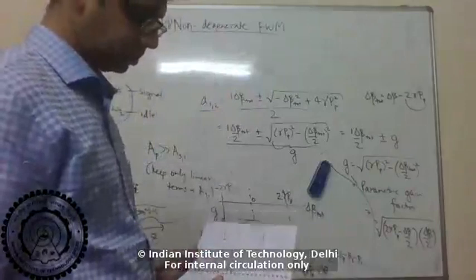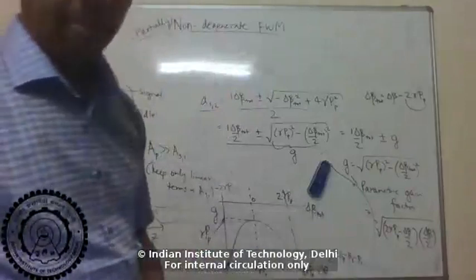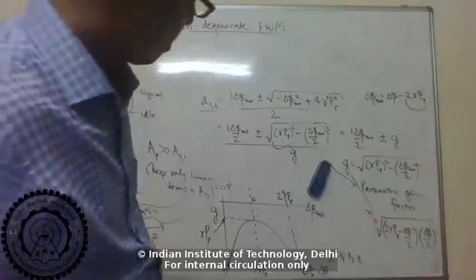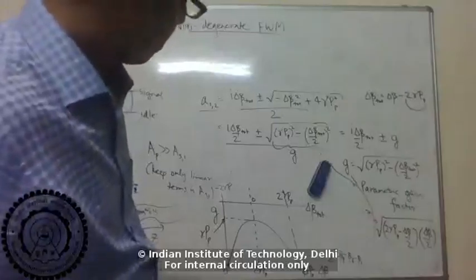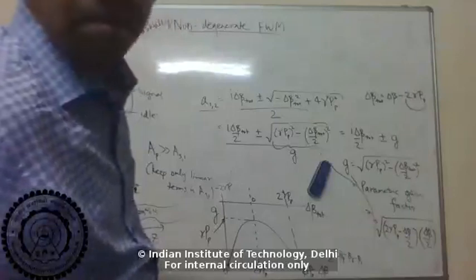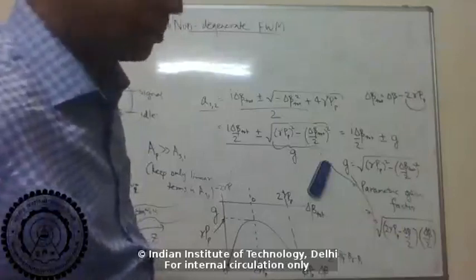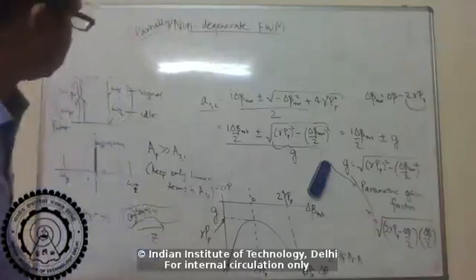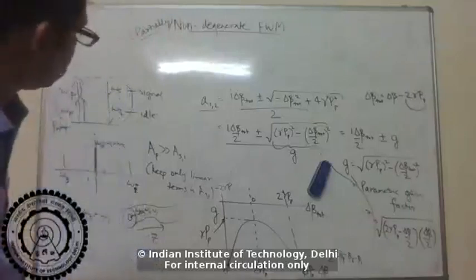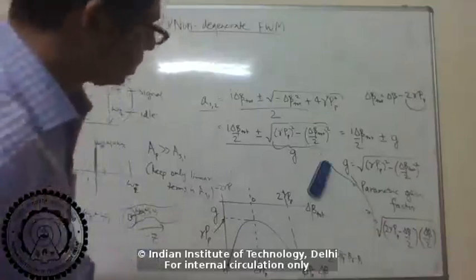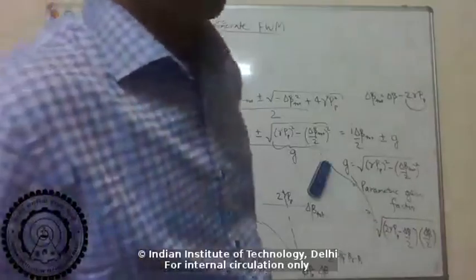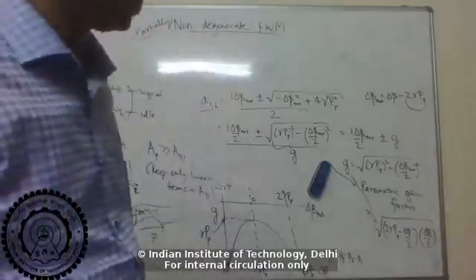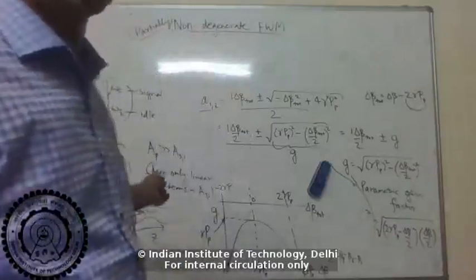Excuse me, sir. Going through the SBS mathematics also, we are getting the same plot and the same calculation. So are these two things a little bit similar? I mean, there are similarities, but there are differences also. Fundamentally SBS is a non-parametric process, and this is a parametric process.